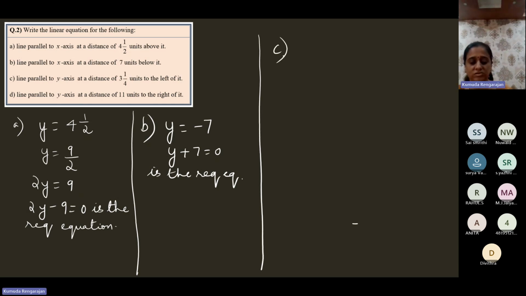Who wants to try the next one? Ma'am, y is equal to minus 2. Miss, y is equal to 10 by 4.